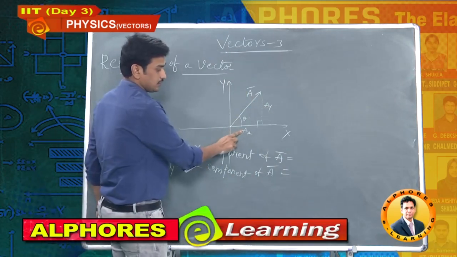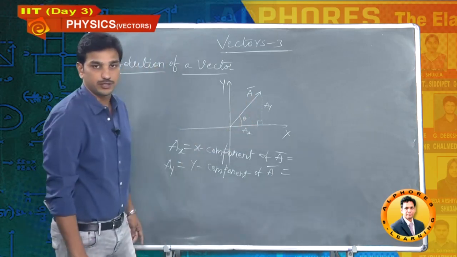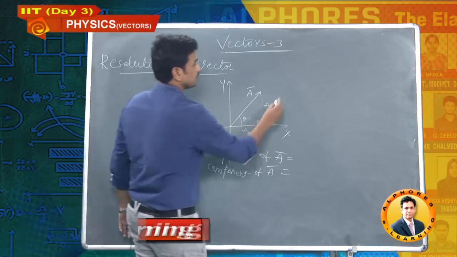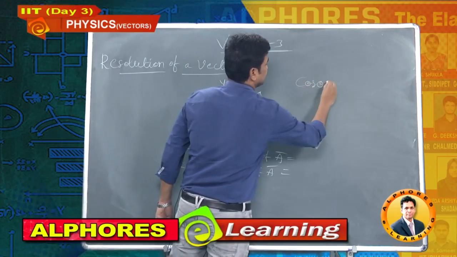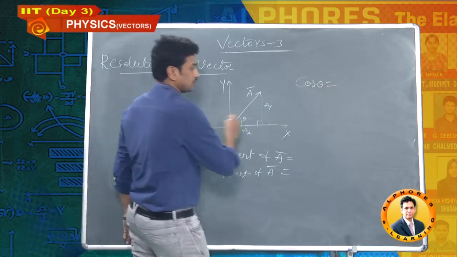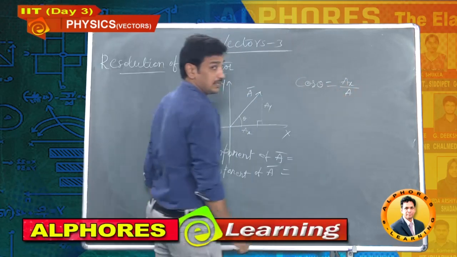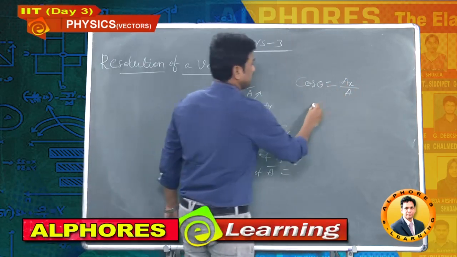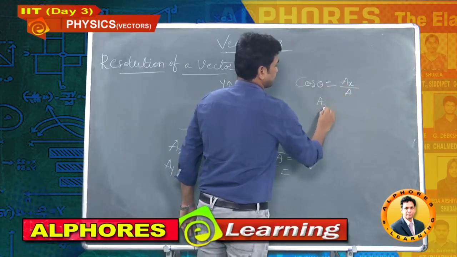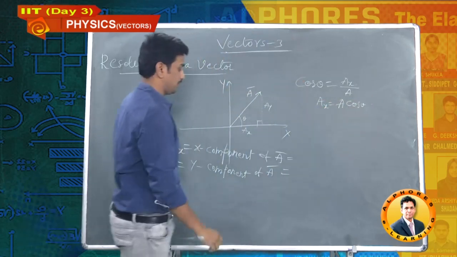Here Ax is the adjacent side of the right angle triangle, so we should use cos theta. Cos theta is equal to adjacent side by hypotenuse. Adjacent side is Ax, hypotenuse is A. Now Ax is equal to A cos theta.